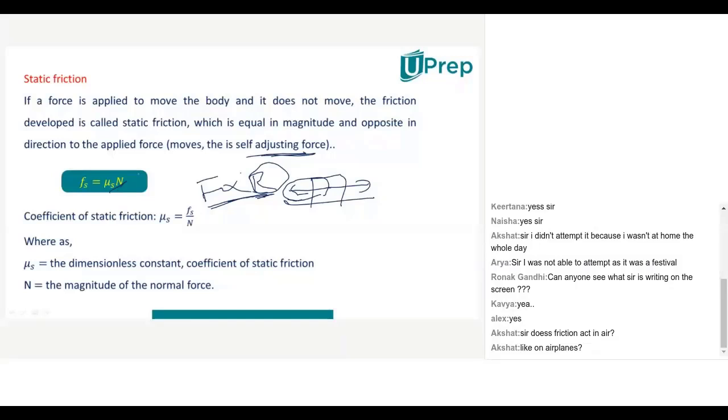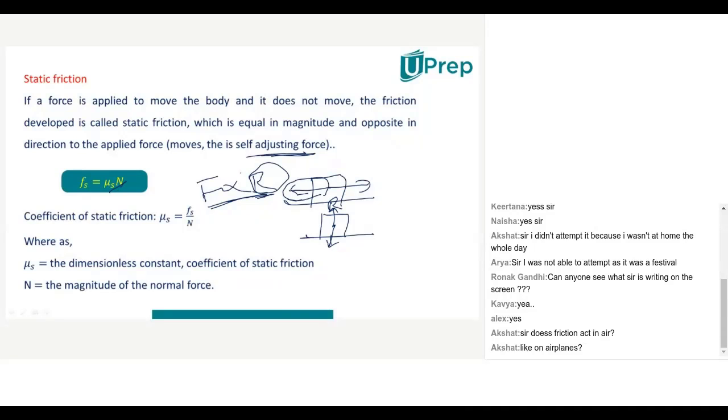Okay, one object is there. Let me draw one diagram, and from the diagram you say. This is the surface, this is the particular object. Here the center of mass is there. Whether this will be normal reaction or this will be normal reaction. This upward arrow will be called normal reaction.